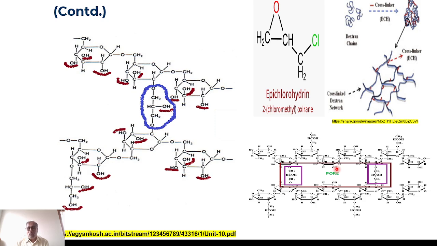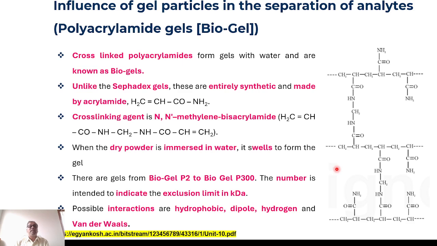The next category of material is polyacrylamide gels, which are termed Bio-Gel. This is the commercial name. It is like your polyacrylamide gel electrophoresis; the phenomenon is the same.